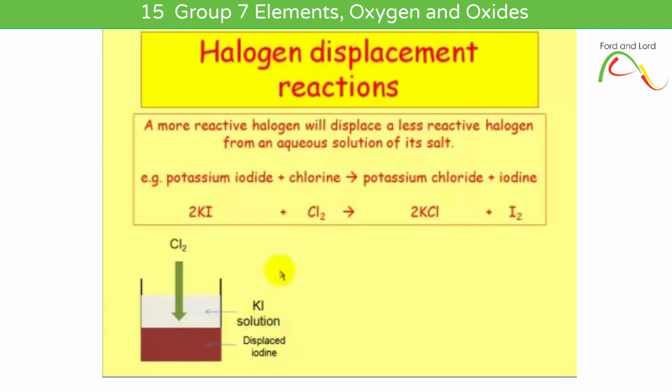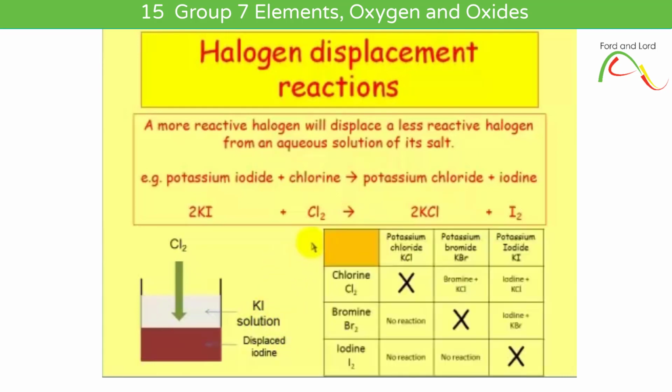Now what happens in the rest of the group? Well, this little table here will summarise it. Here we've got the halogens. If we bubble chlorine through potassium bromide, because chlorine is more reactive, it will displace the bromine to end up with potassium chloride and bromine. Similarly here, because chlorine is more reactive, it displaces the iodine, and you get potassium chloride and iodine.